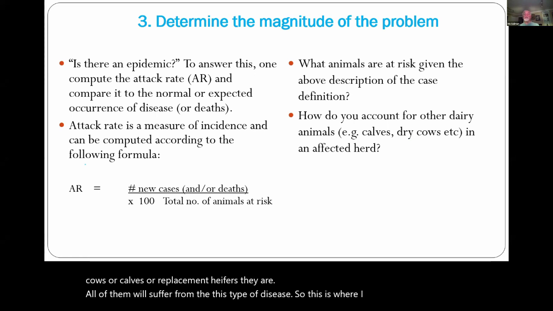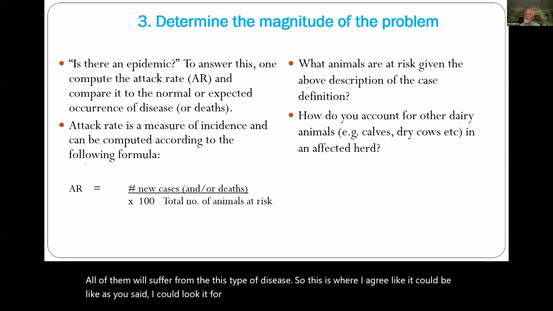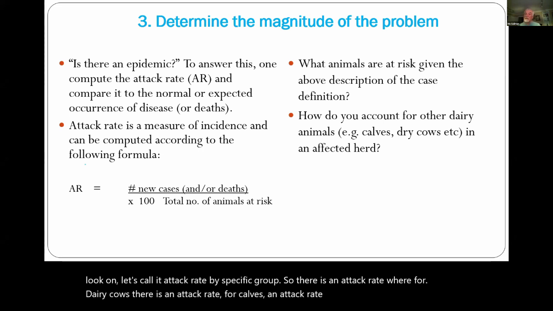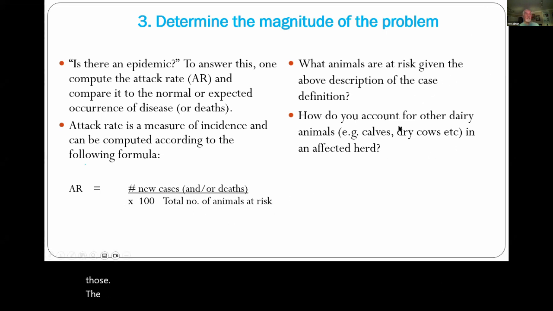agree, like as you said, I could look at the broad, and actually that's what happened. But also they look at, let's call it, attack rate by specific group. So there is an attack rate for dairy cows, an attack rate for calves, an attack rate for dry cows, in which each of those, the denominator is related to, for example, for calves, the total number of calves.